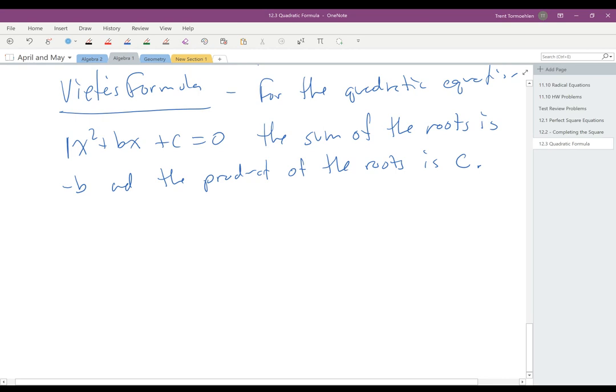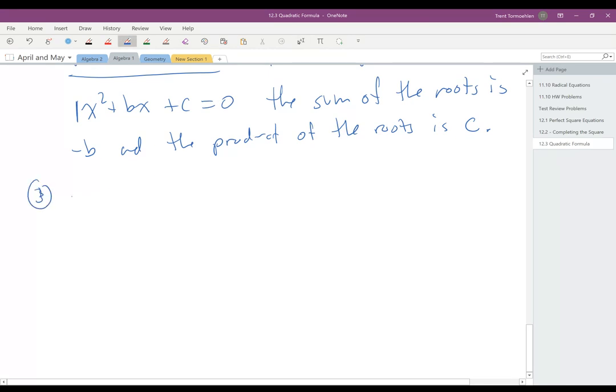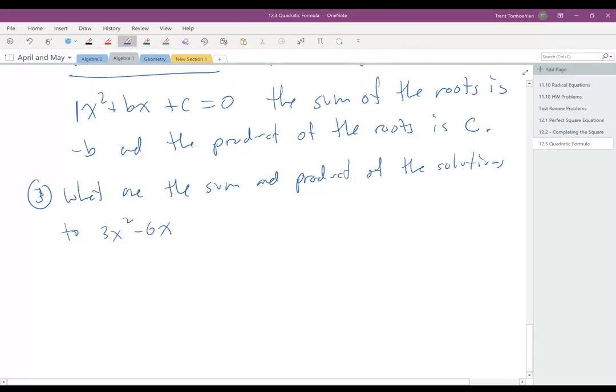So to use this formula, we might ask a question like this. What are the sum and product of the solutions to 3x squared minus 6x minus 24 equals 0?